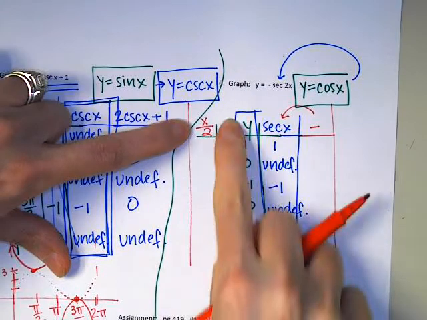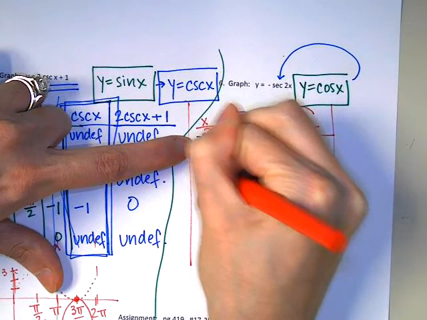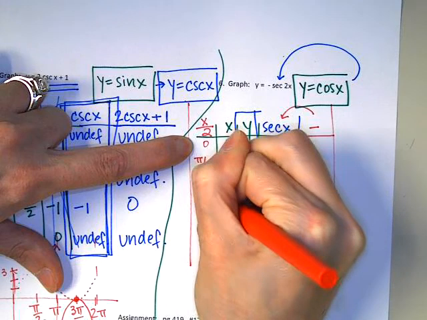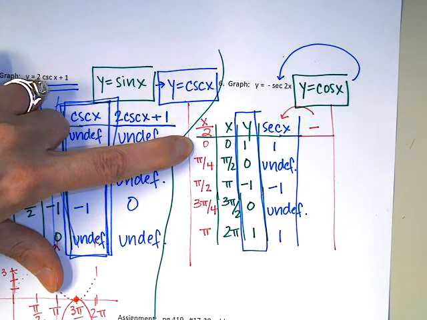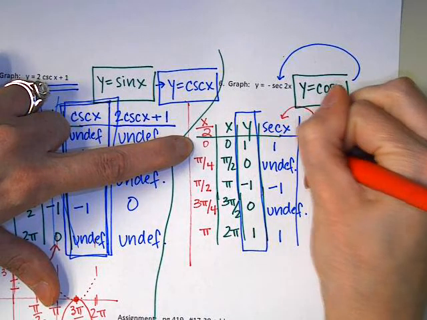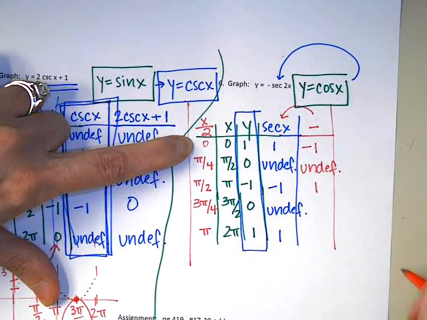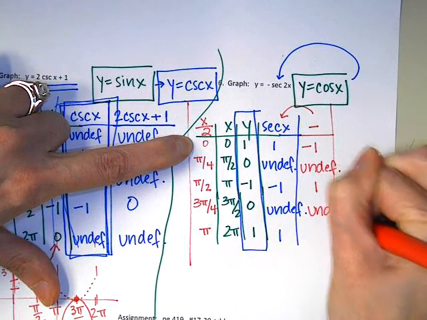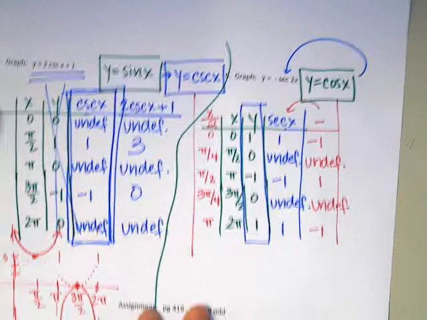Okay, so let's take all of our x's and divide by 2. So 0, pi over 4, pi over 2, 3 pi over 4, and pi. And then all the secants we're just going to make negative. So -1, still undefined, +1, still undefined, and -1. Okay, let's do it.